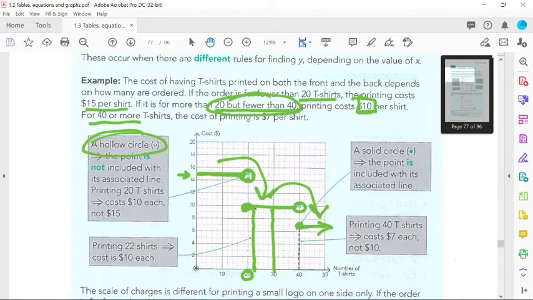We did something similar when, I think there was one where the kid was saving money and his grandmother gave him some money, so it bumped him up. Remember that? He didn't have this much money, then all of a sudden she gave him money and so it bumped up.